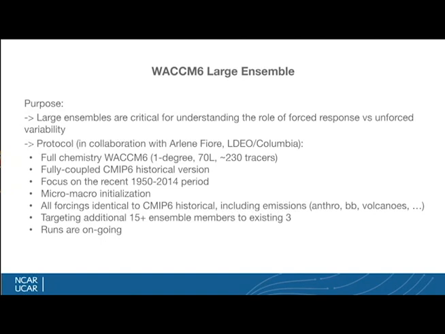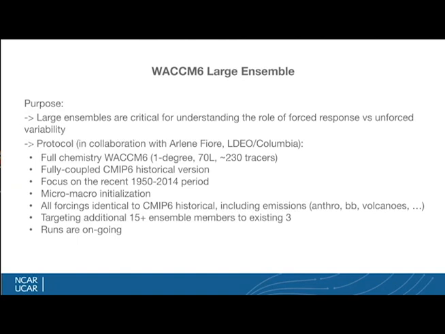We want to focus on the 1950 to 2014 period. And so we have 3 ensemble members that were generated as part of the CMIP protocol. And here we're going to try to add about 15 or so members to the existing 3.